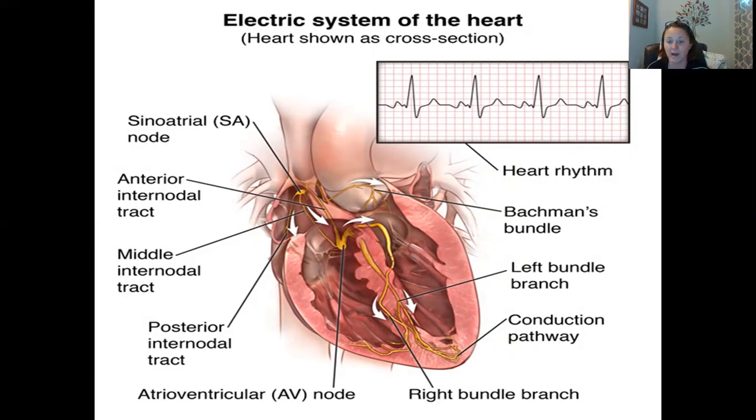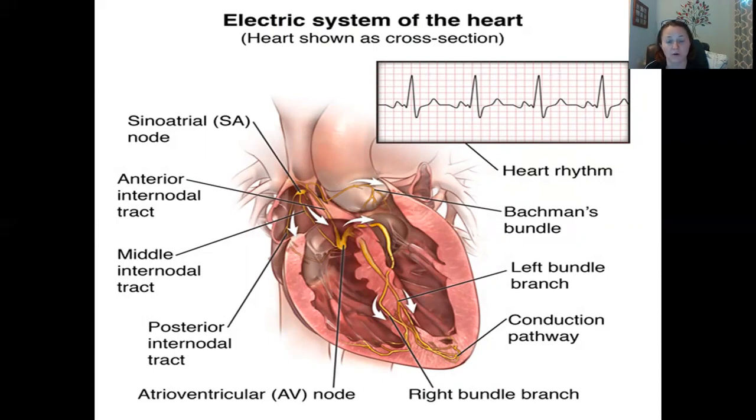So the electrical pathway that you read in an EKG reflects the movement of the blood and the squeezing of the heart. So we're going to look at each piece of this individually. We are going to review that EKG in more detail coming up. So let's just talk about that electrical system of the heart first. Your heart has the most amazing ability to generate its own electrical pulse.